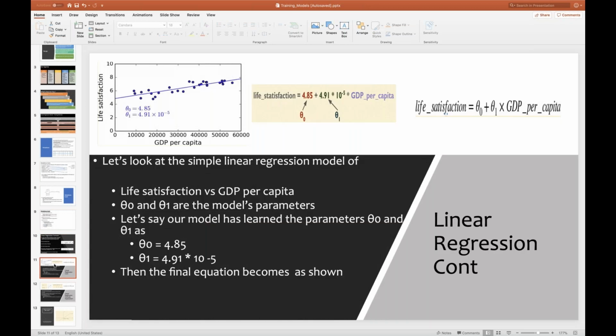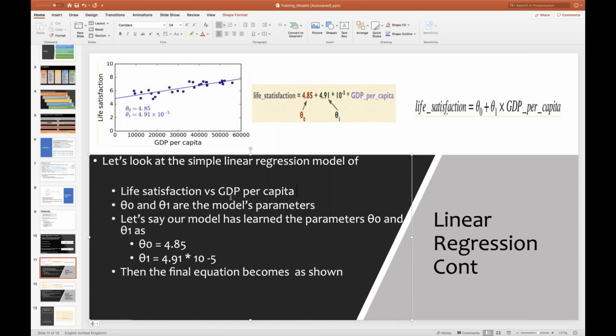Here, let's look at a simple linear regression model. If you are aware, I have very nicely explained the GDP per capita and life satisfaction, and how GDP per capita makes people happy in their life. Let's take that example.